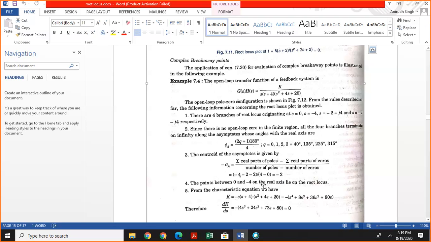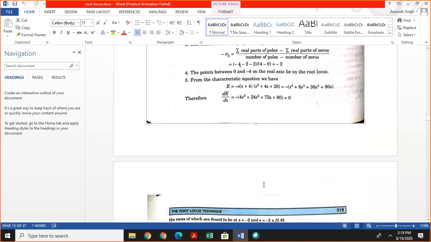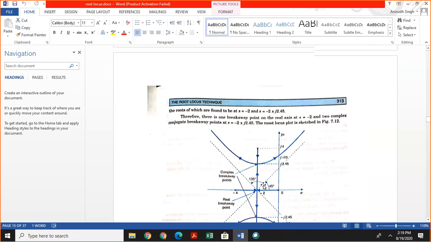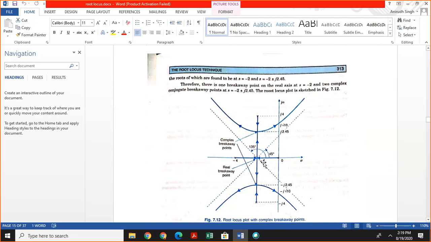Value of centroid is -2, means from this point we have to draw angles on this asymptote. First asymptote is 45, 135, then this is the asymptote and this.